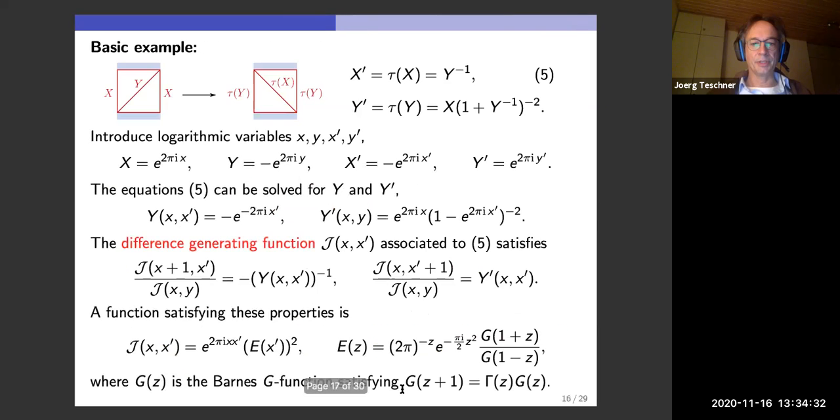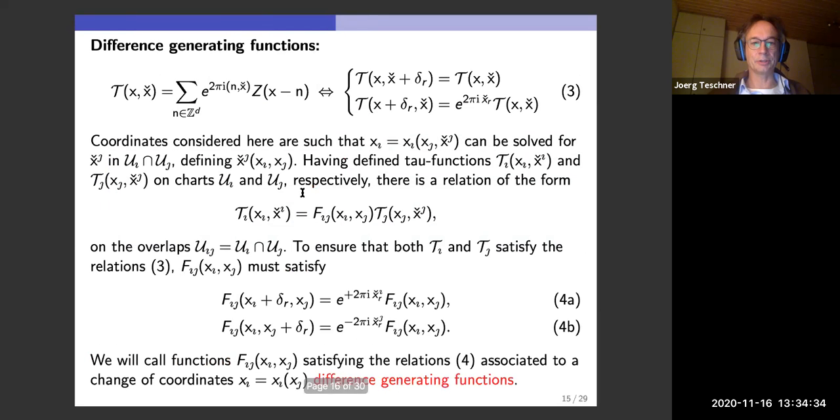So very briefly, a difference generating function is almost the same as a generating function, except that wherever you have in symplectic geometry a relation by differentiation, you have a relation by finite shift.